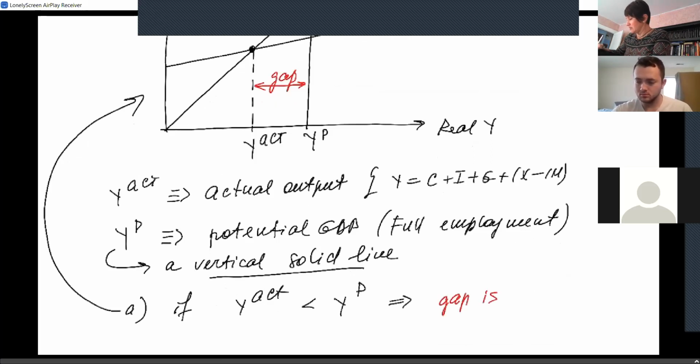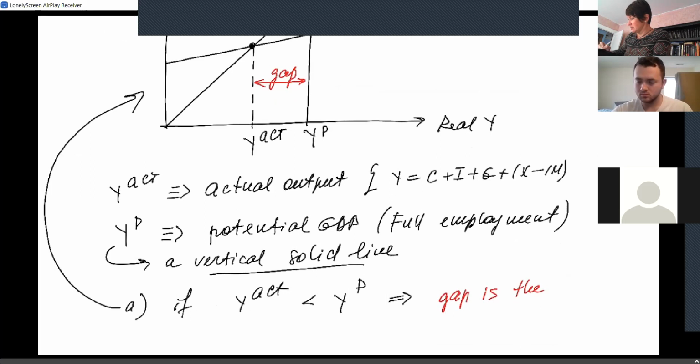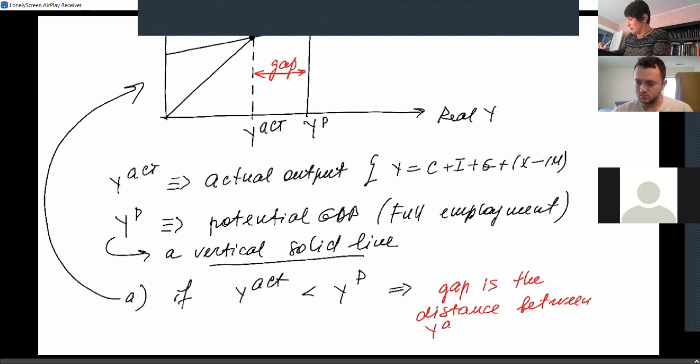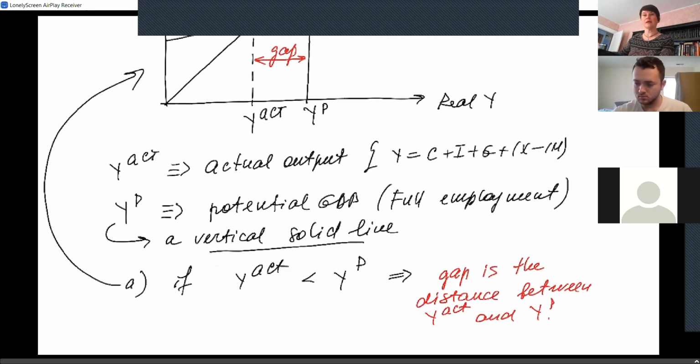Gap is the distance between actual and potential GDP levels, okay? A gap. Now, if actual GDP is below potential, that means actual usage of the labor force is below full employment.